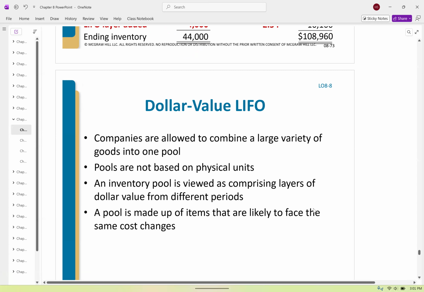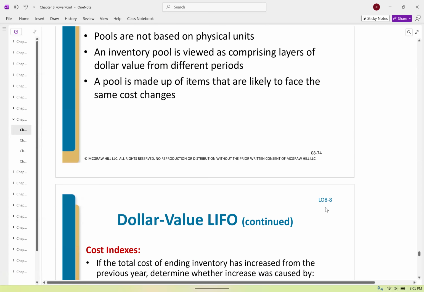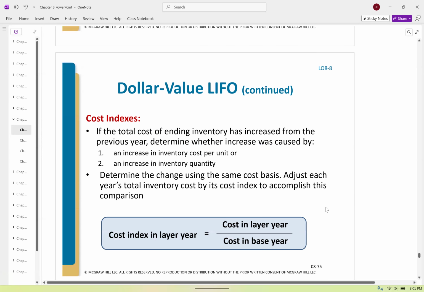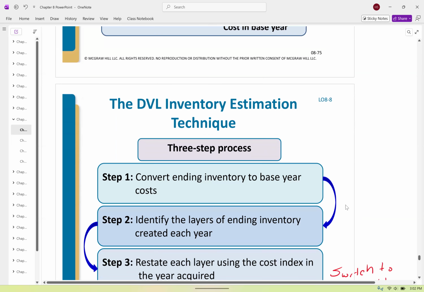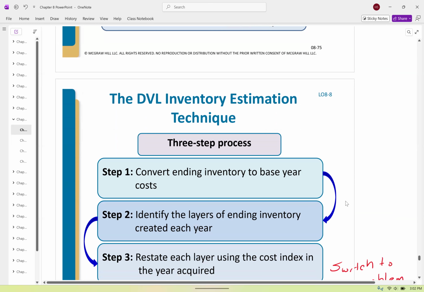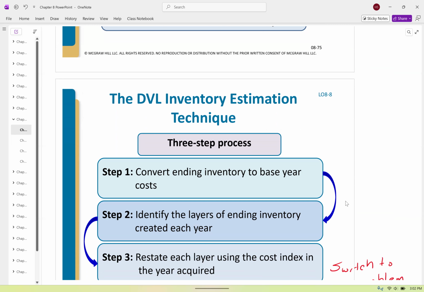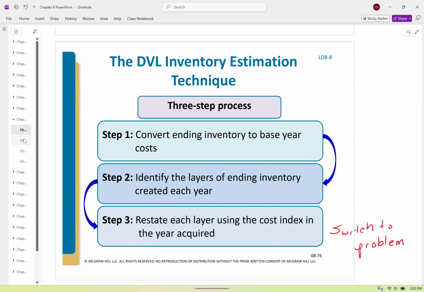We pull them together and we're going to end up having these layers. Okay. So we will take the cost index in a layer year, cost in the layer year divided by cost in the base year. Okay. So it's a three-step process. We're basically going to convert the ending inventory to a base year number, and we're going to find our dollar value layers.